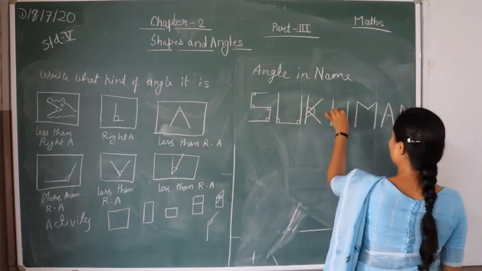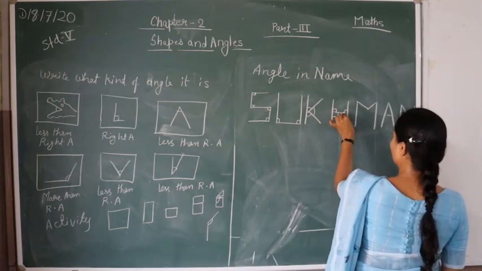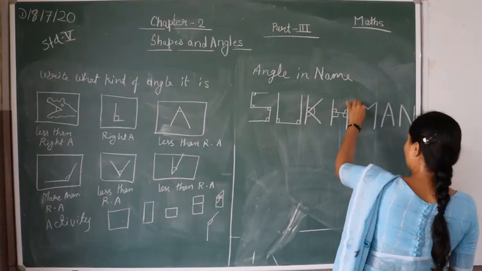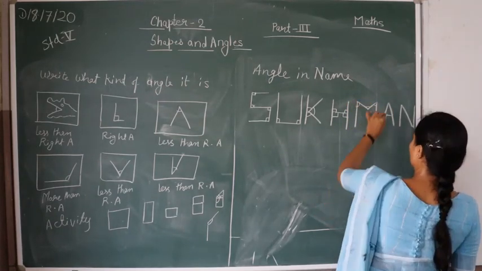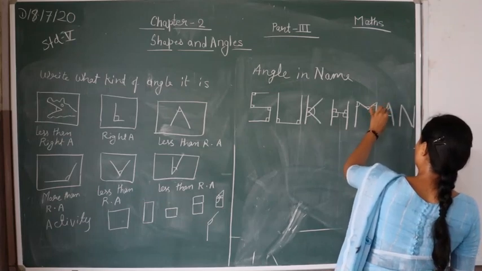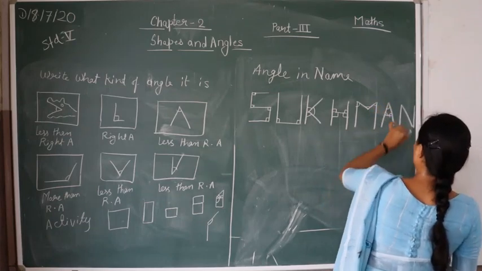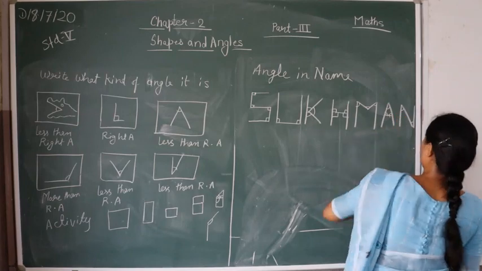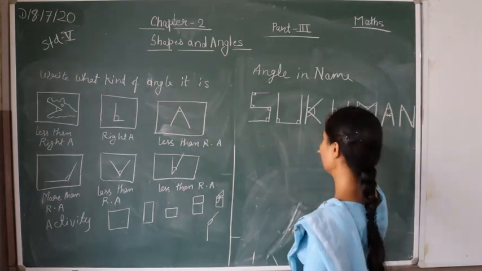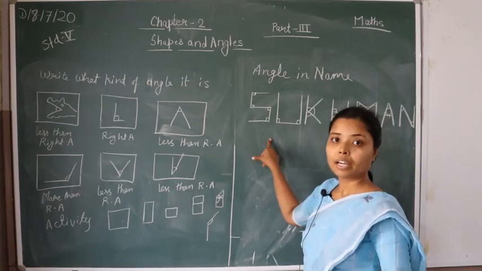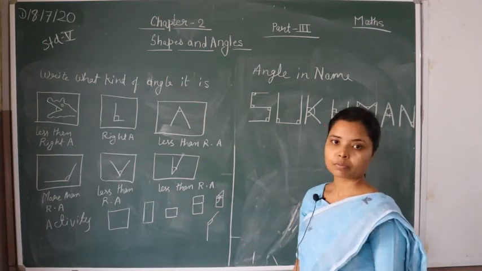H makes 1, 2, 3, 4. M makes 1, 2 and here 2. Then A makes 1, 2, 3 angles. Similarly, N makes these angles. So you have to observe this name Sukhman and find out the angles.